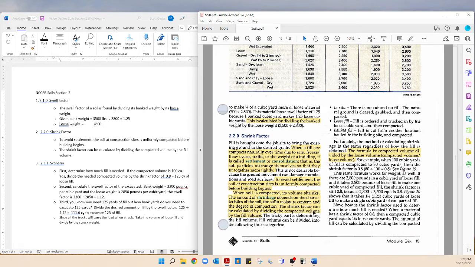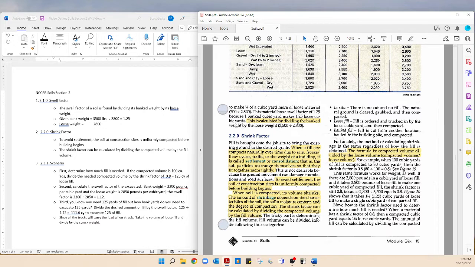The shrink factor can be calculated by dividing the compacted volume, how much is in the hole after you've compacted it, by the fill volume, how many loose yards you brought in to be compacted.